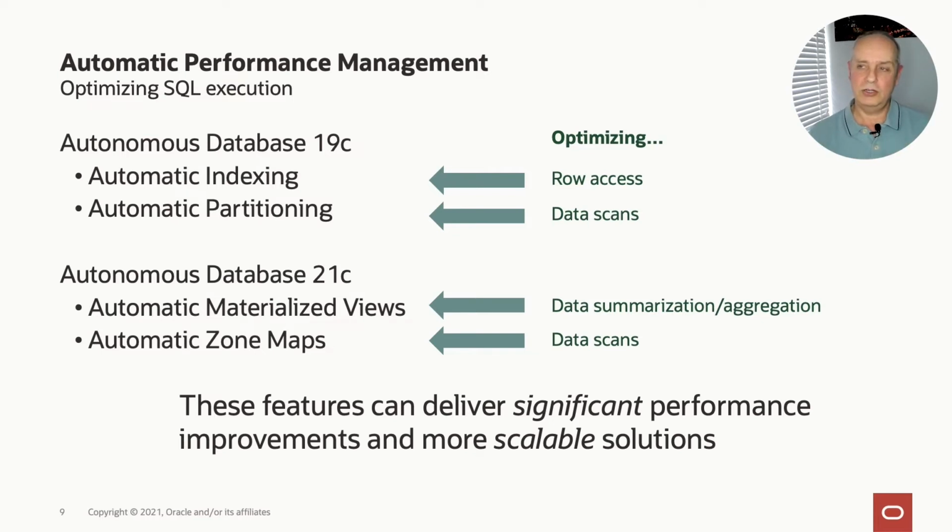All of these features can deliver significant performance improvements. So if they're used correctly, you can really transform the performance of an application. And perhaps more importantly, you can improve the scalability of the application.